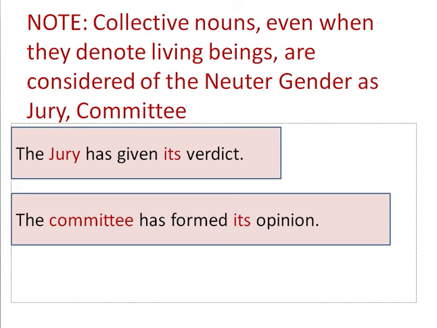Jury is a collective noun. That's why we say the jury has given its verdict. Similarly, committee: the committee has formed its opinion. We do not say the committee has formed his or her opinion. Committee is a collective noun, and here it is considered as neuter gender.